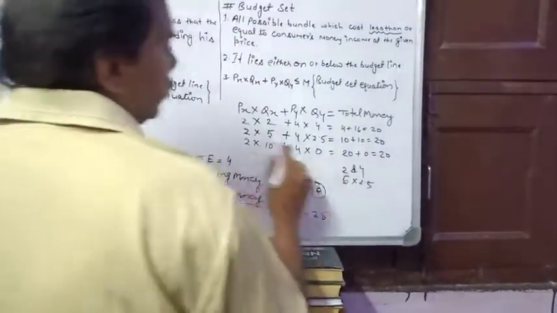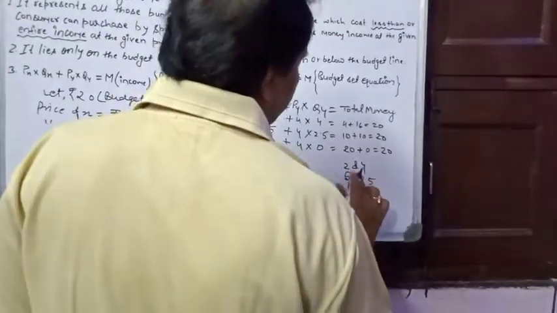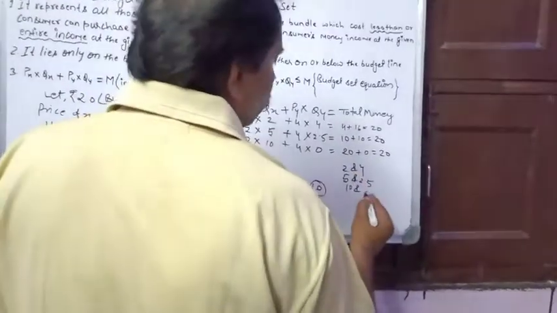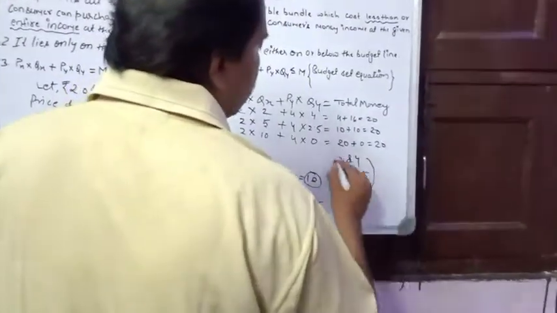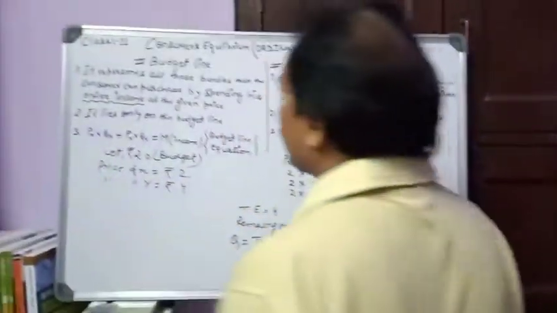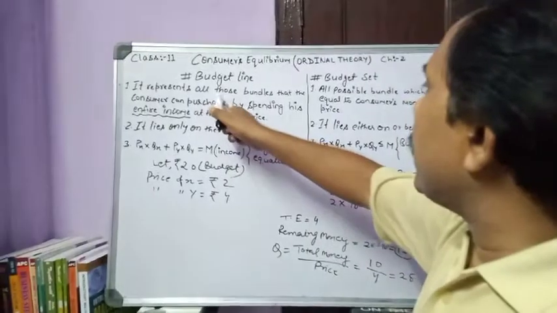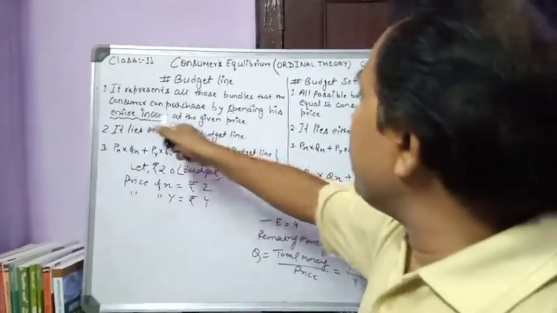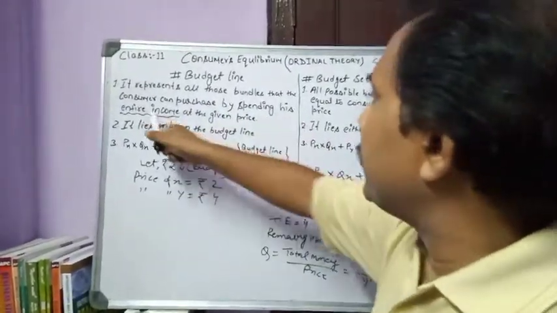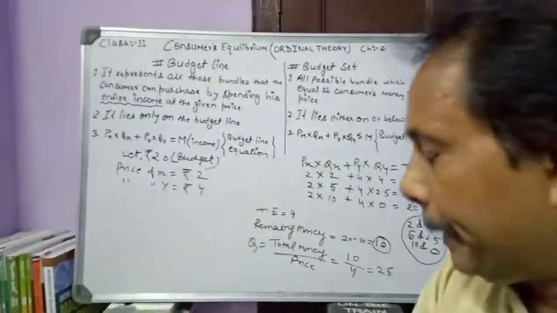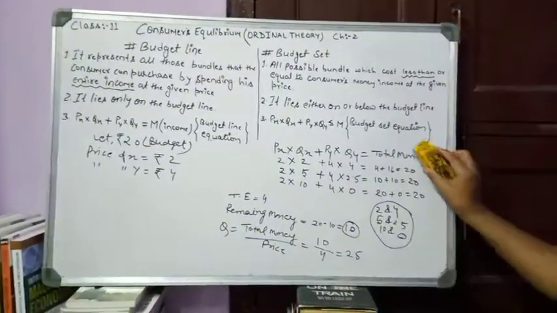Next combination is 10 and 0. So these are the combinations, and here it is told that the different possible combinations can be purchased by spending his entire income. So in this way we can determine the budget.